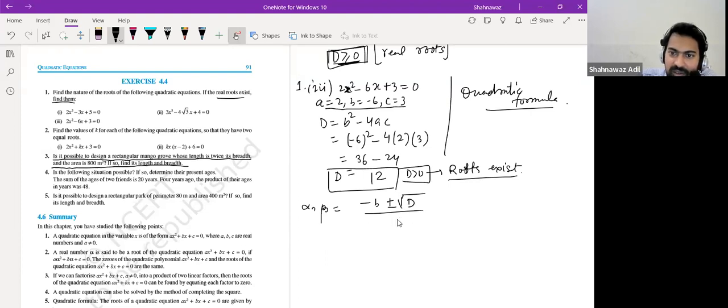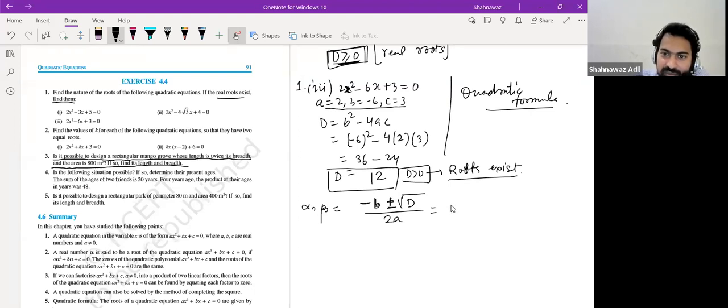My brain is not braining, sir. No worries, just remember. That is why I'm here. So this is the quadratic formula. Minus B is how much?